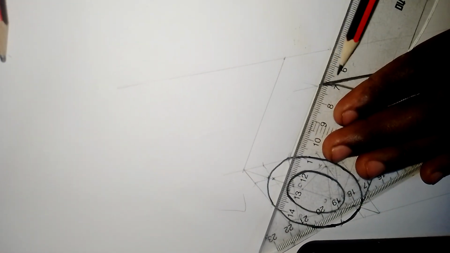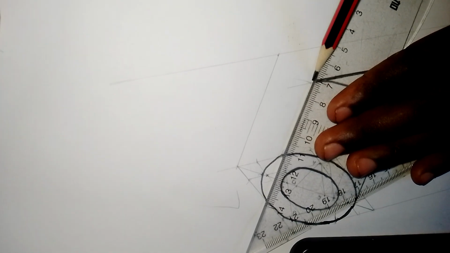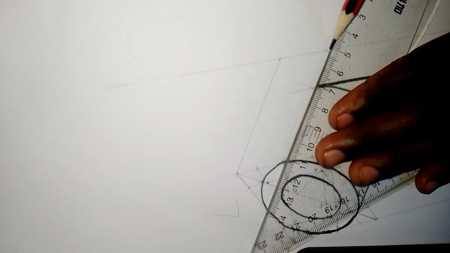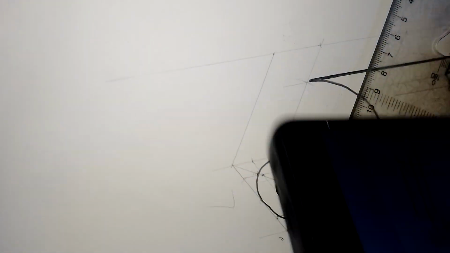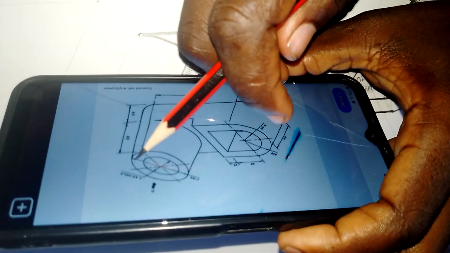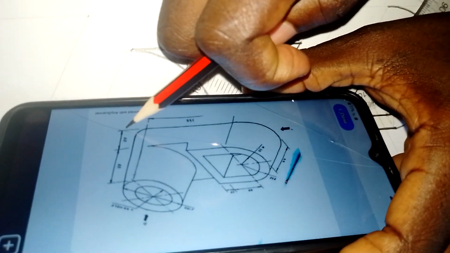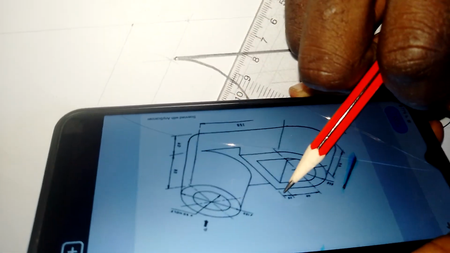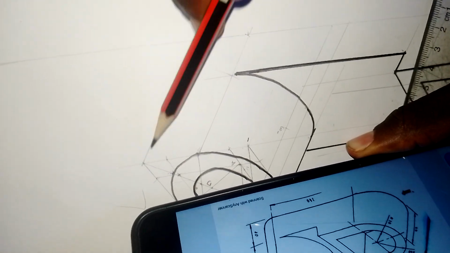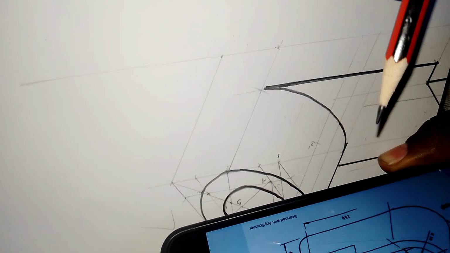Let me draw a straight line of it. Extend this line up to the bottom to this point. So it is this point. Then the distance from this point to this point is 120. We said we divide everything by 2. That one is 60. So we are going to drop this curve from this part to this part using 60.